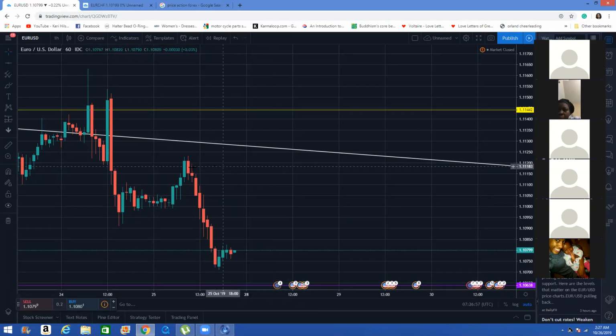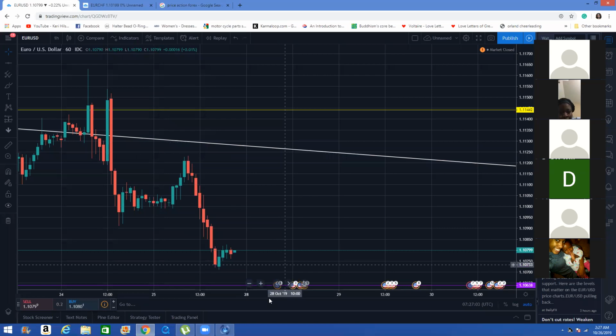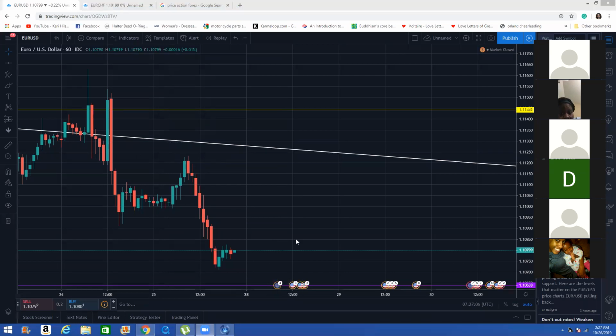All right. And then your entries also depend on market structure. And they're still on this call. It also depends on market structure, right? Higher highs, higher lows. No, I don't use any indicators. Higher highs, lower lows, lower highs, everything like that with uptrends and downtrends.